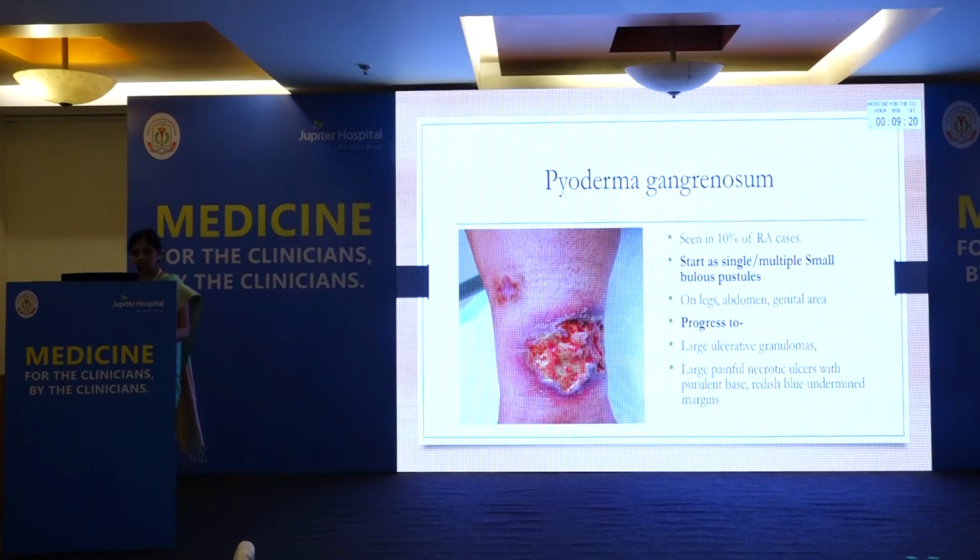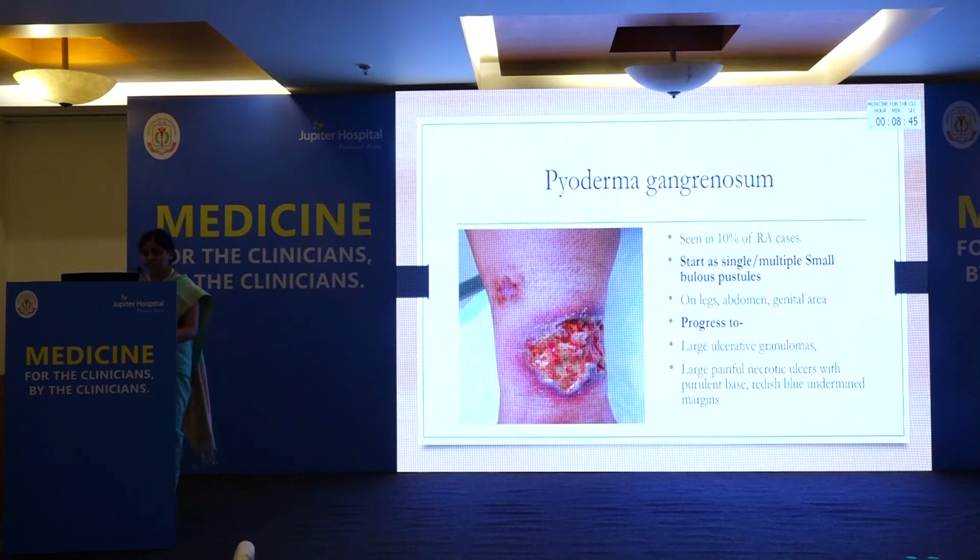Then this is another kind of rash which we see in patients with rheumatoid arthritis. In almost 5 to 10% of patients, it starts as a single or multiple small bullous lesions, which are seen on the legs, abdomen, trunk or genital area, and then it progresses and coalesces together to form a large ulcerative granuloma, which is a painful necrotic ulcer having a purulent base, and there is a margin which is reddish-blue in color and undermined in nature.